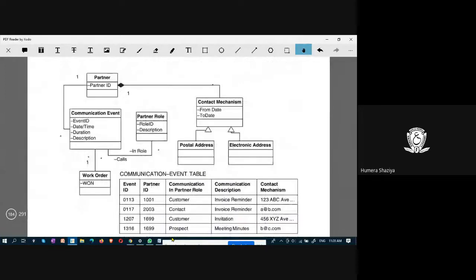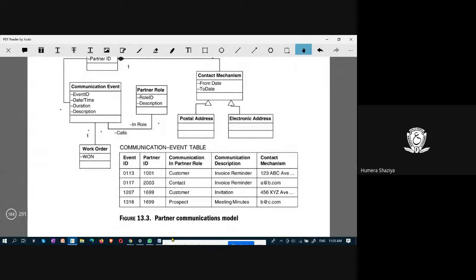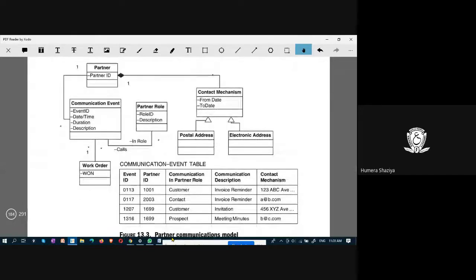This one is partner communication model. So partner communicates with the contact mechanism. Contact mechanism is having postal address, electronic address. Communication event table has got event ID, partner ID.